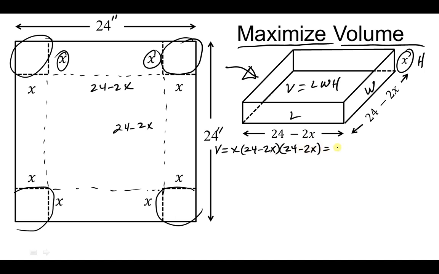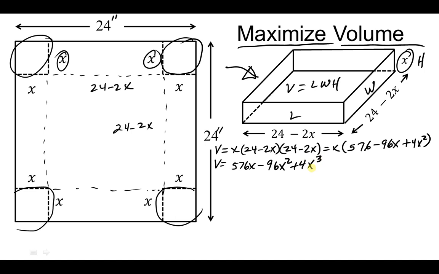And this is going to be x times, foiling it, 576 minus 96x plus 4x squared, and then distributing the x, we get a volume of 576x minus 96x squared plus 4x cubed.